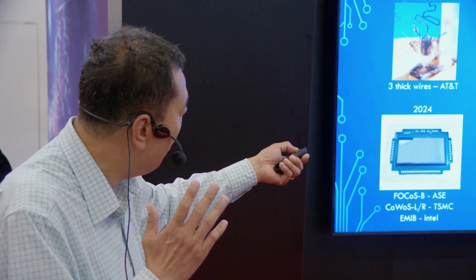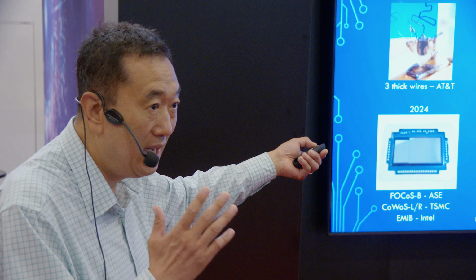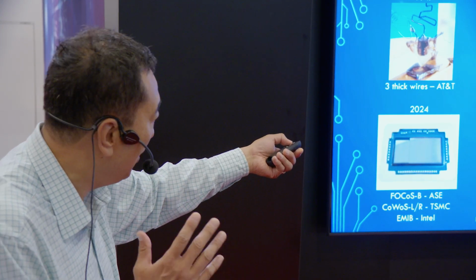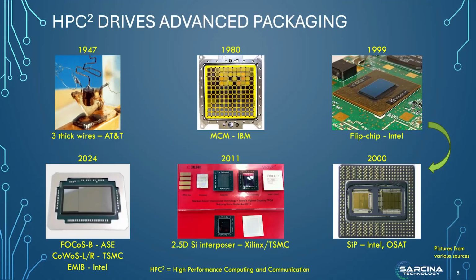Every product actually used advanced packaging. 1980, this is the IBM mainframe. They used the multi-chip module.